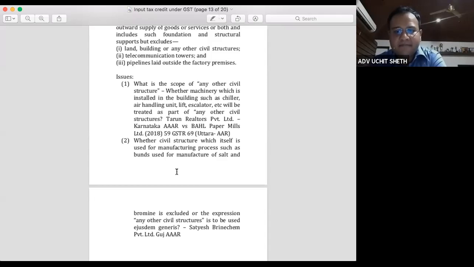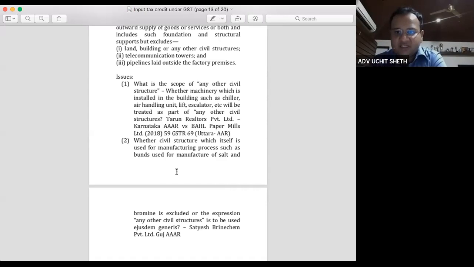Per contra, in BAHL Paper Mills Limited, Uttarakhand AAR, the authority takes a view that an AC unit which is installed, that would not be considered to be any other civil structure. But if suppose it is a sanitary fitting which forms part of the building, then it would be part in any other civil structure and you will not be entitled to input tax credit. According to me, this Tarun Realtors Private Limited seems to be incorrectly decided.